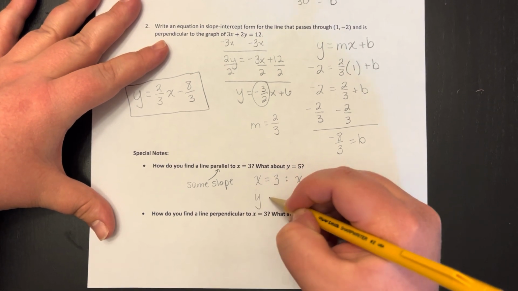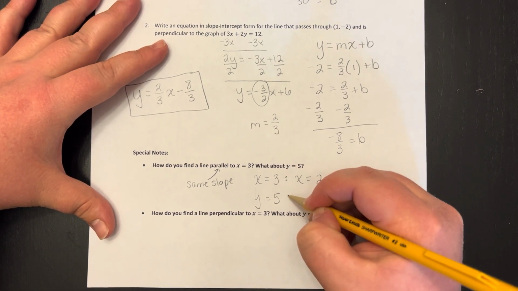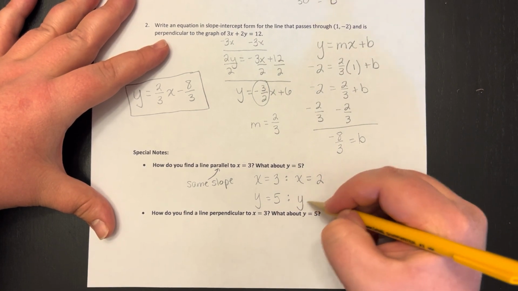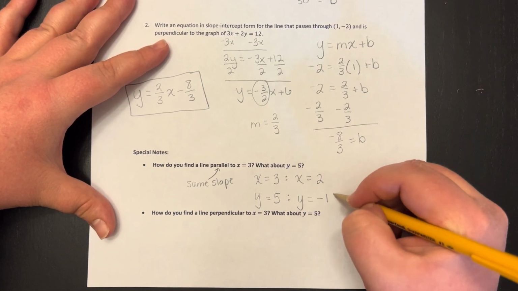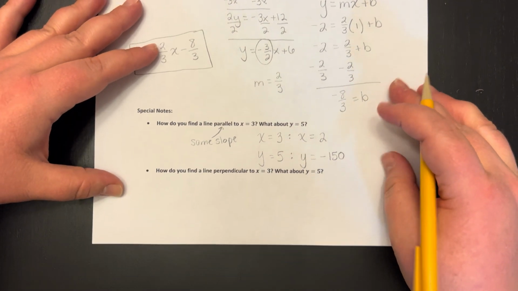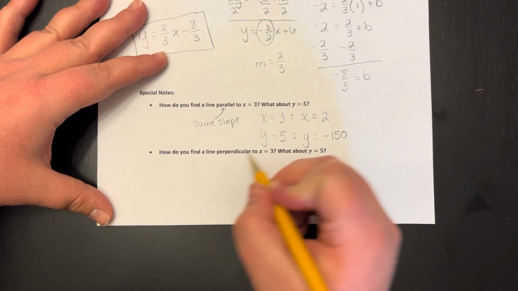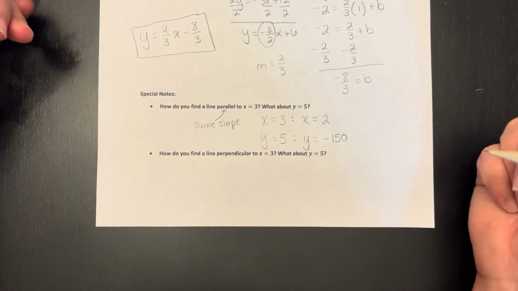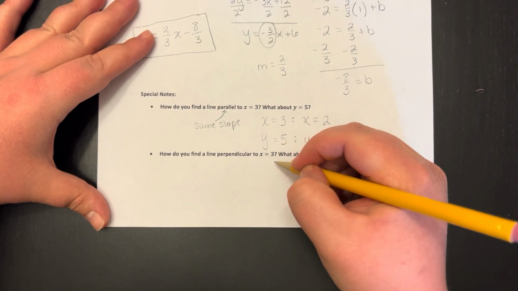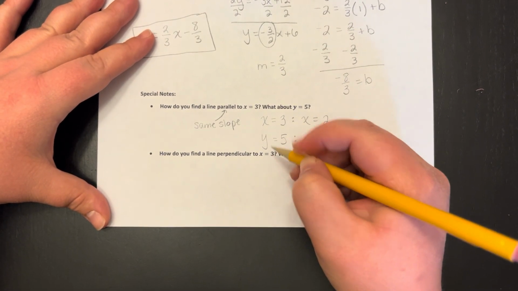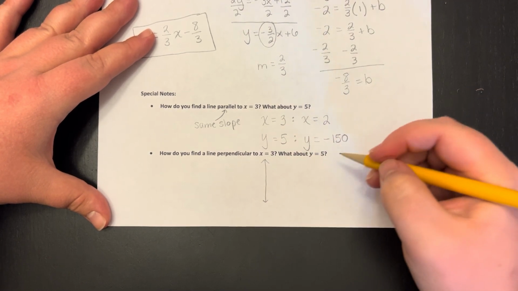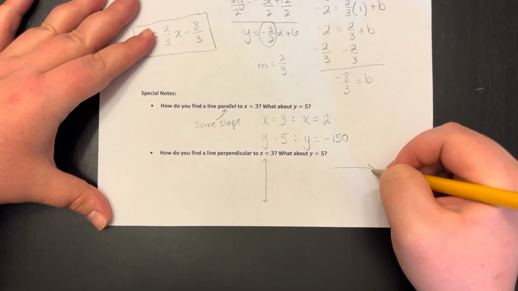Similarly, the slope of y equals 5 is 0, so I need another line that also has a slope of 0. So it's y equals any number you want. Even y equals -150 works. Now, perpendicular is a little bit different, because remember, there's two rules: opposite, reciprocals, and the reciprocal part doesn't really matter here, since my x equals 3 line is just going to be a vertical line like this, and my y equals 5 line is horizontal like this.